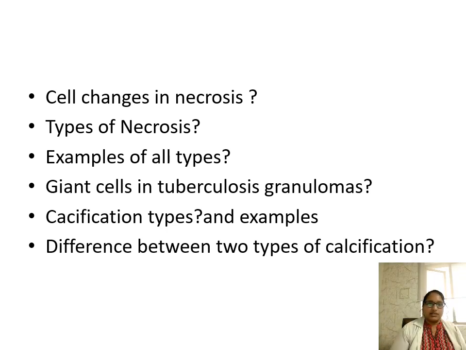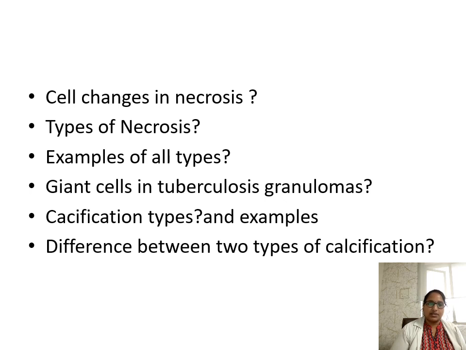These are some of the questions. What are the types of calcification? That is, pathological calcification and its types. One type is dystrophic calcification and the other type is metastatic calcification. Examples for dystrophic calcification are calcification occurring in fat necrosis, liquefactive necrosis, caseous necrosis, hematomas, thrombus, and dead parasites.